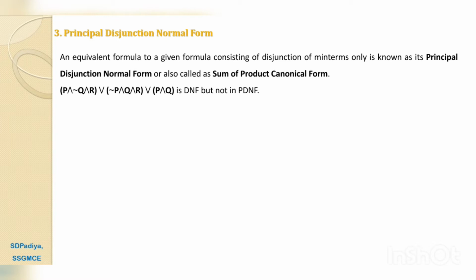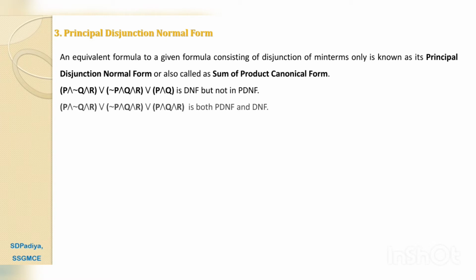But let's check whether it is a PDNF. In the first elementary product term, all factors P, Q, R are available. In the second elementary product term, not P and Q and R, again all 3 factors are available. But in the third elementary product term P and Q, the third factor, that is R, is missing. That's why this statement formula is DNF but not the PDNF.